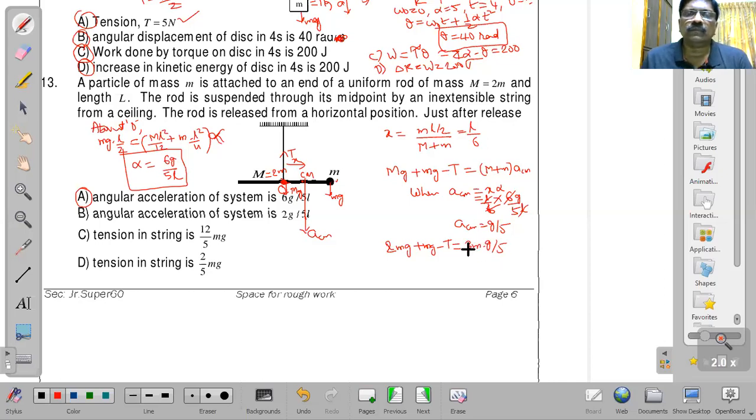Therefore T is equal to 3mg minus 3mg by 5, that is 12mg by 5. Tension T is equal to 12mg by 5. So option C is also correct.